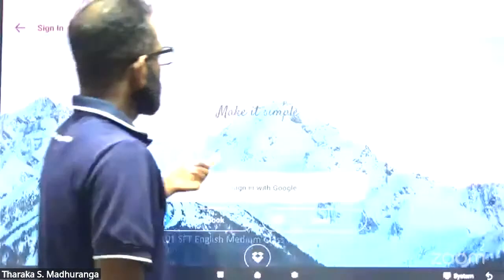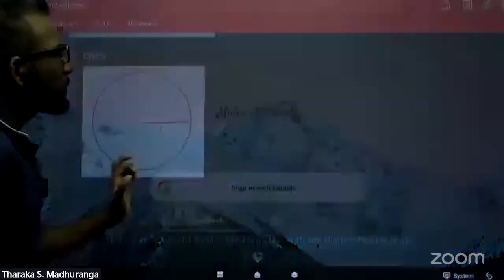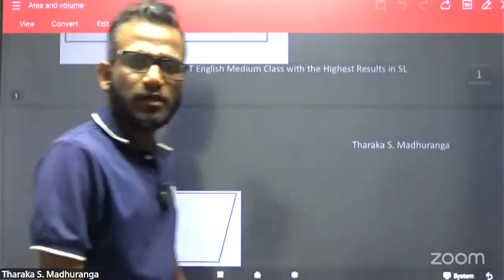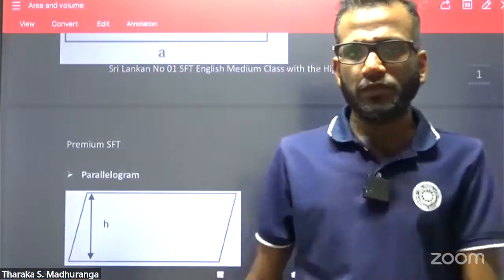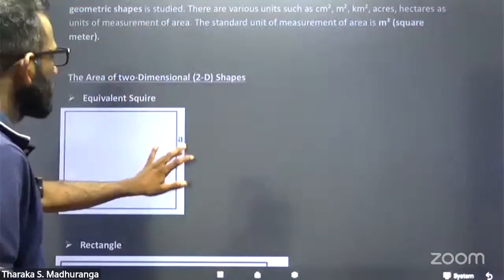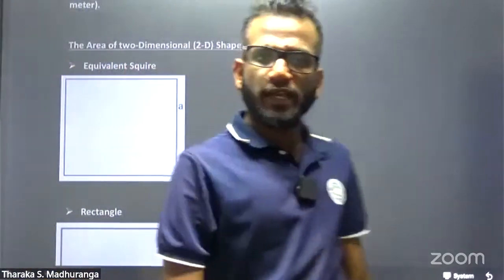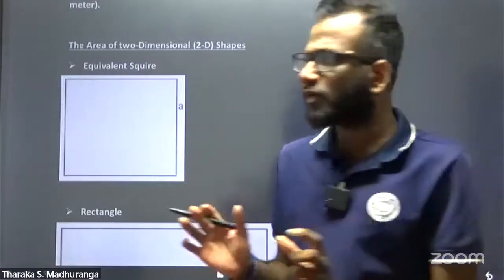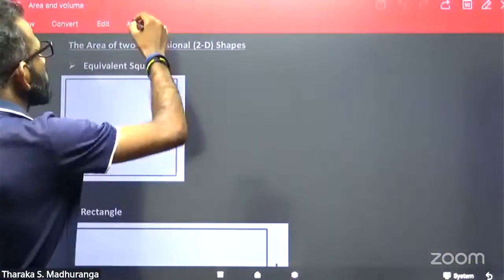We discussed up to 2D objects, completed, right? I will refresh again the equations for finding the area of each and every 2D object.